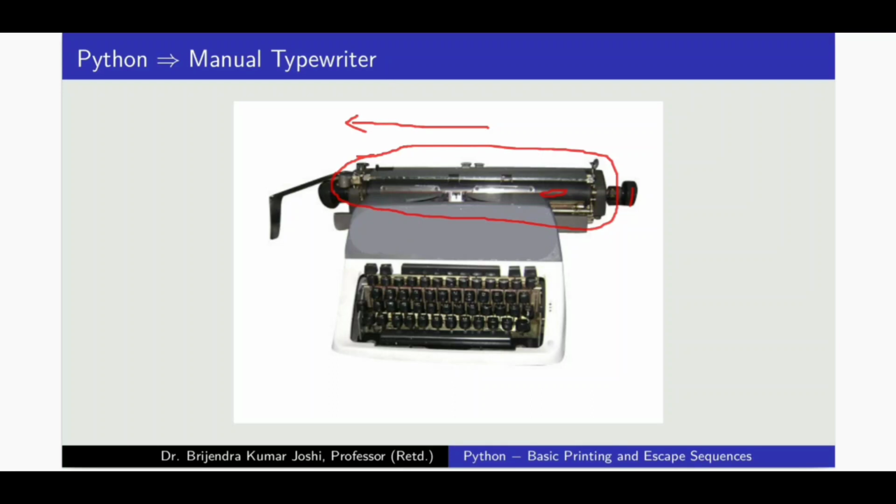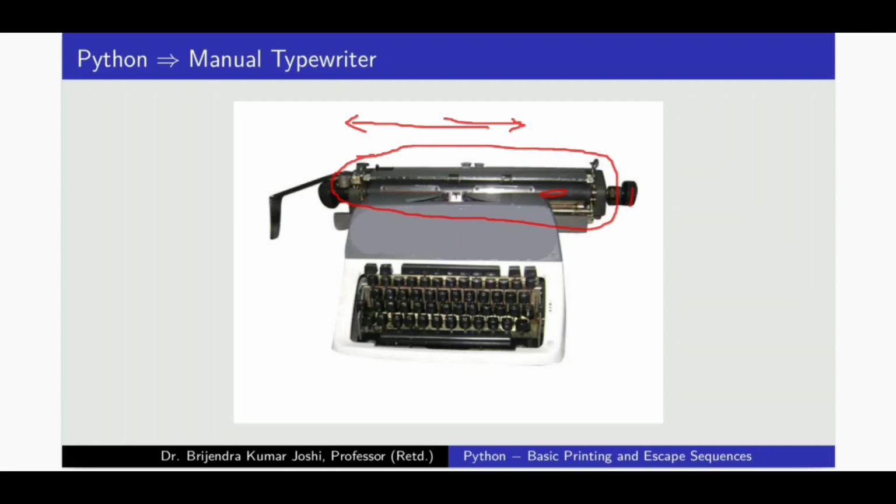So this part goes to the left hand side, and the printing head remains stationary, and we start typing. As you keep on typing, the carriage starts moving towards the right side.